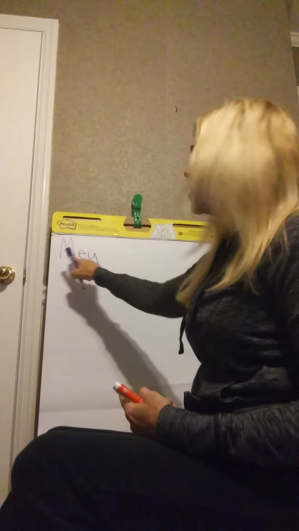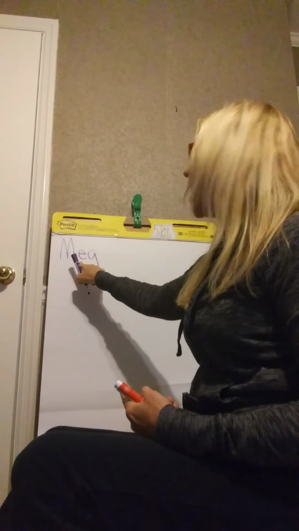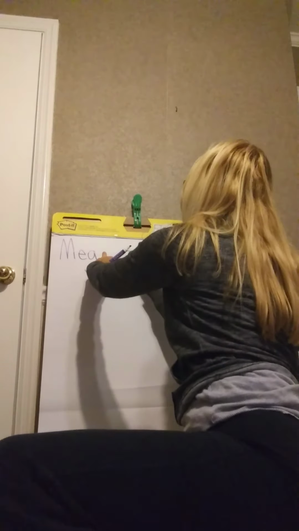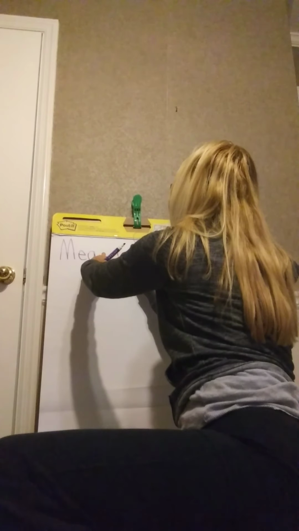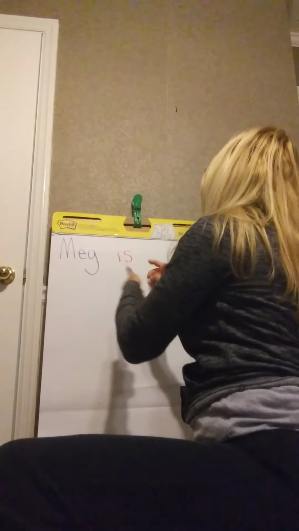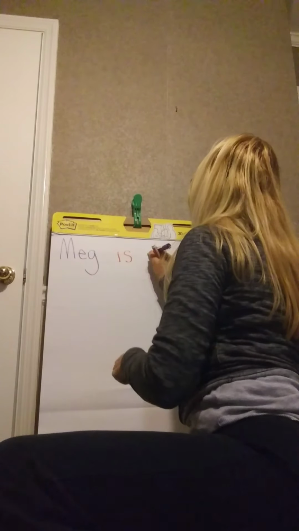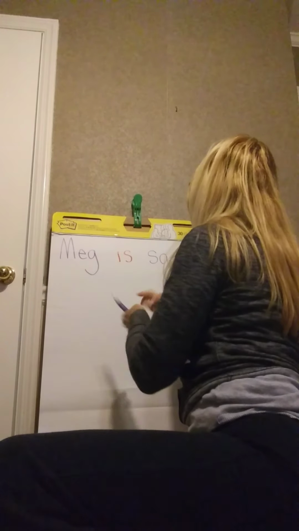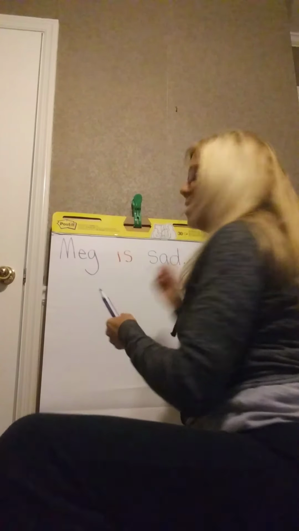Meg starts with an uppercase M, Meg. In the middle, we're going to have the word is. I need to put my finger space. Finger space again. And my period at the end.